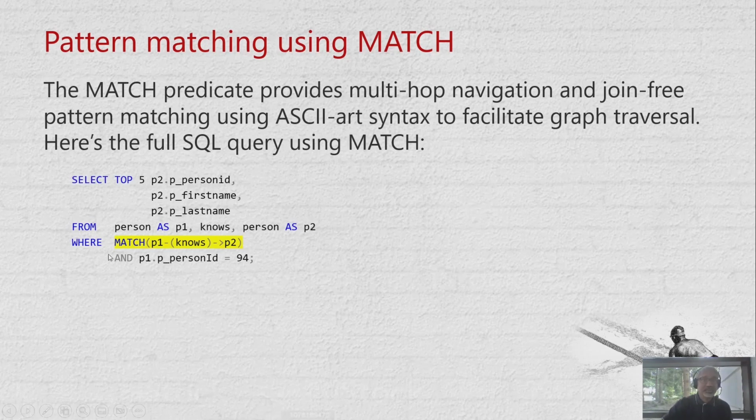So as you can see, in this case, we're going from left to right. That's the way you denote the traversal through the graph, but you can have arrows going the other way around. You can combine these predicates inside a match clause and so on. So it's a very flexible and very expressive way of writing those more complicated questions that you have. Match can be combined with traditional T-SQL filters as part of the where clause as well.